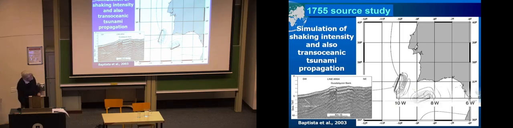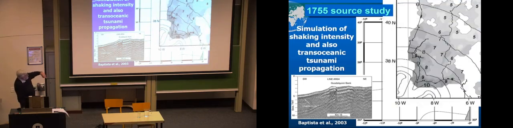And from that, again, this particular study not only modeled the tsunami, it then also modeled the isoseismals, showing, in this instance, the effects on the coasts of Portugal and Spain. What wasn't shown in this was the equally destructive effects on the coast of Morocco.